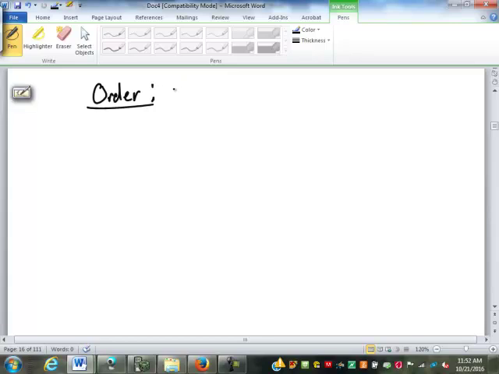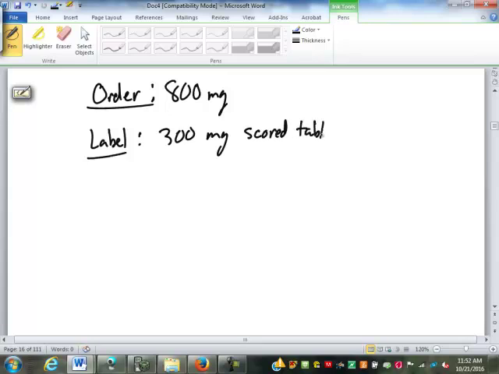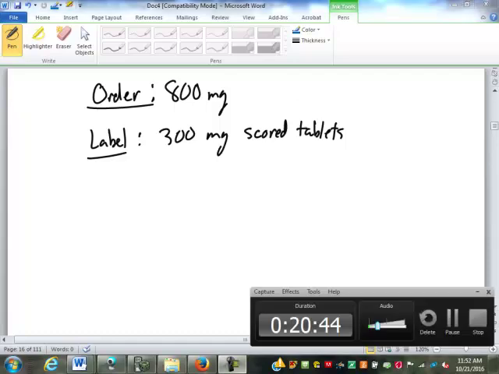So let's say we have an order for 800 milligrams, and our label is 300 milligrams scored tablets again. In your notes, quickly go through, find out what the dosage you would administer would be.